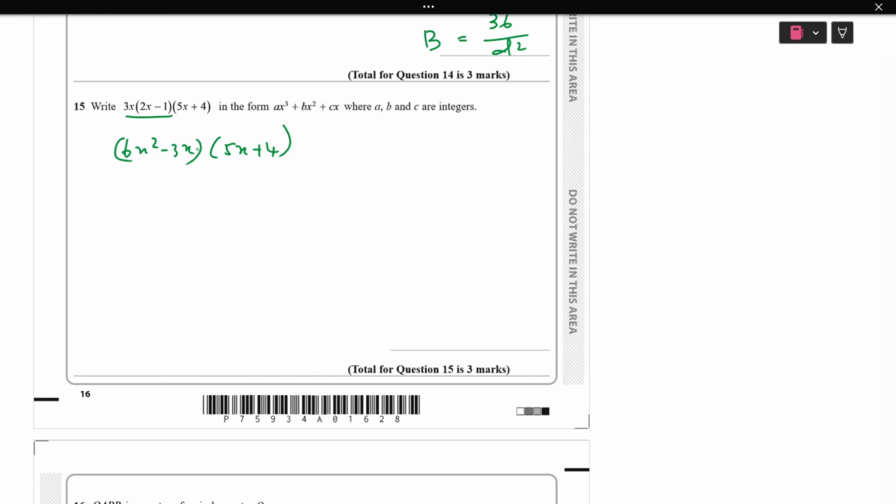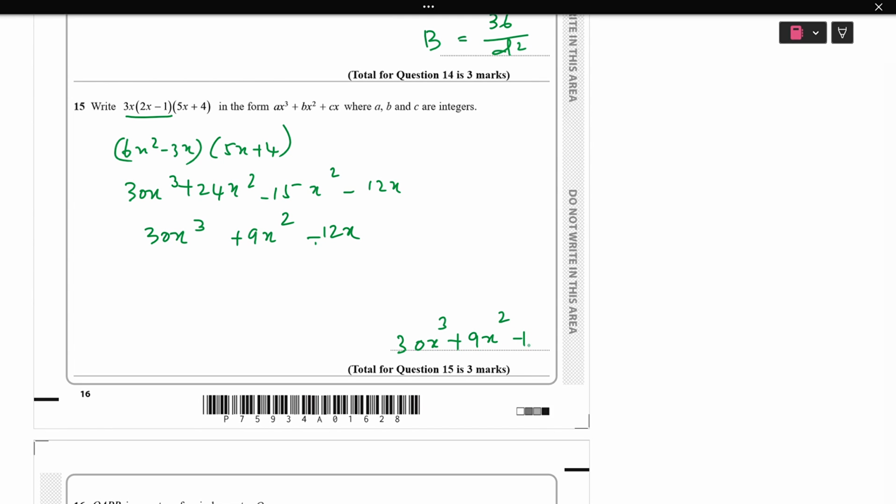Now expand: 30x cubed plus 24x squared minus 15x squared minus 12x, which is 30x cubed plus 9x squared minus 12x. This is the final answer: 30x cubed plus 9x squared minus 12x.